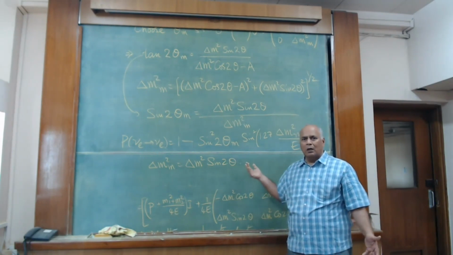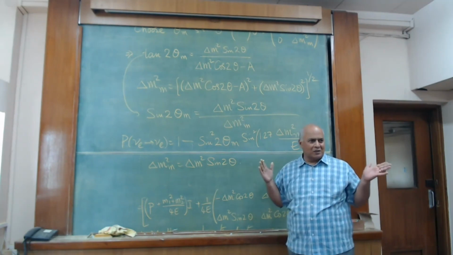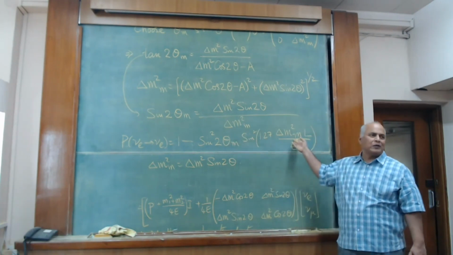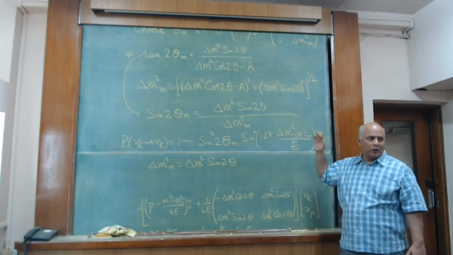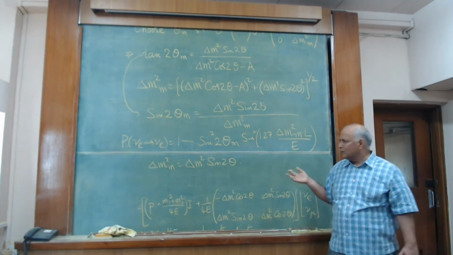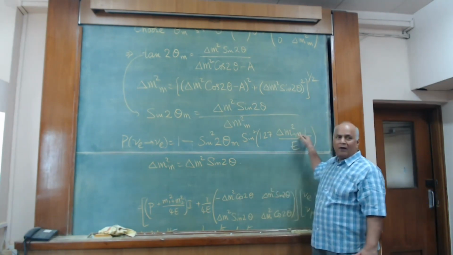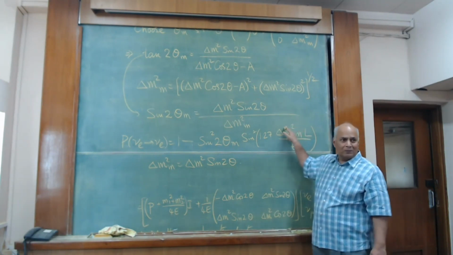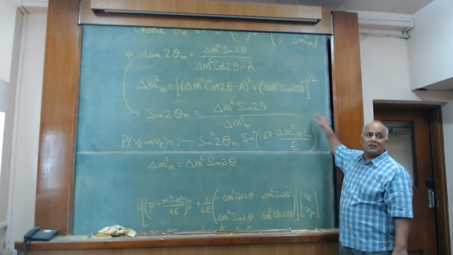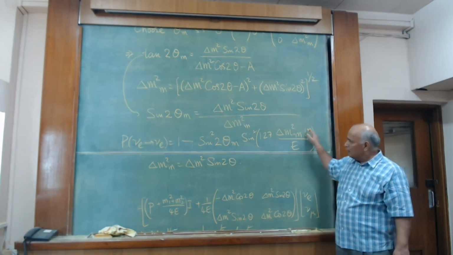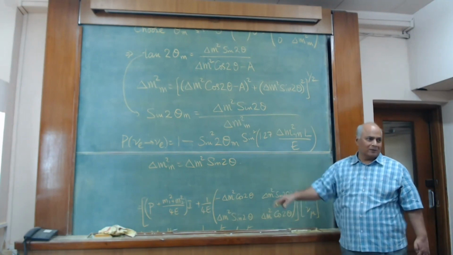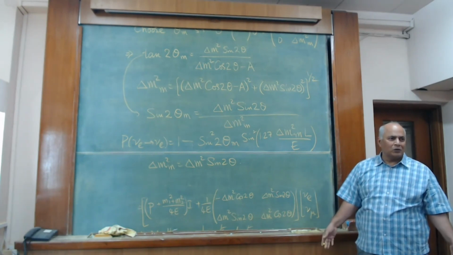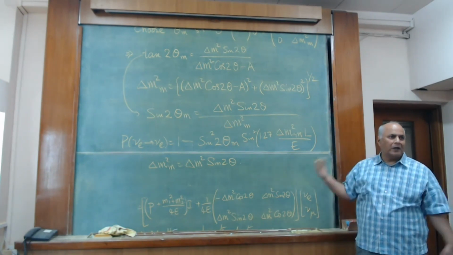So if L is fixed, I'm not really gaining anything. I'm boosting this, but I'm losing here. So in order to take advantage of this, I should have variable L, so that if this is becoming minimum, I should be able to increase this L so that I still get 1 from here. And that we are able to do only in atmospheric neutrinos, where I have a variable L.